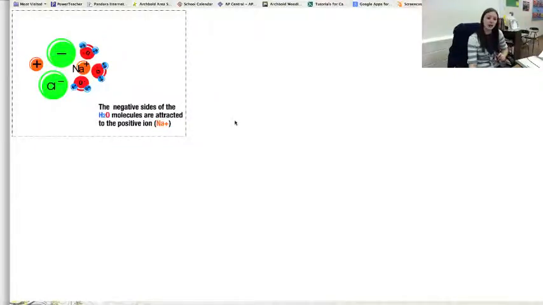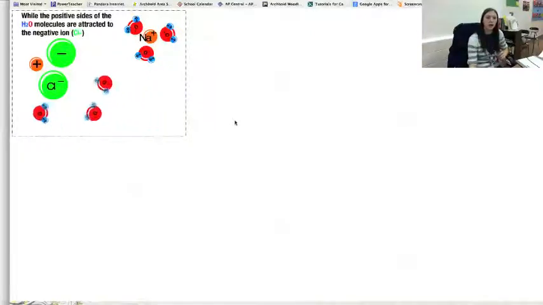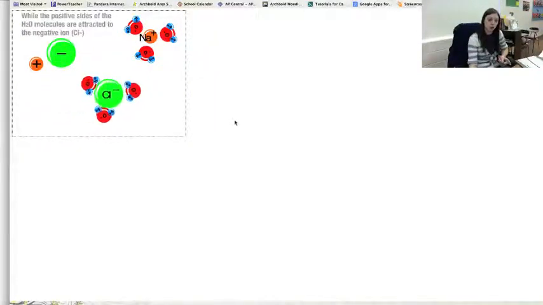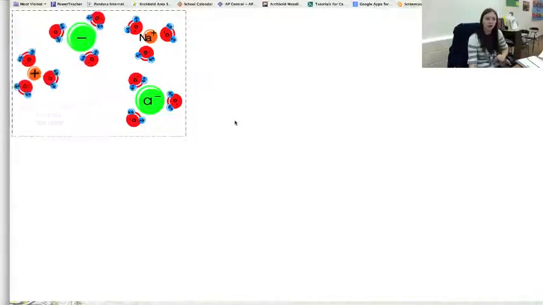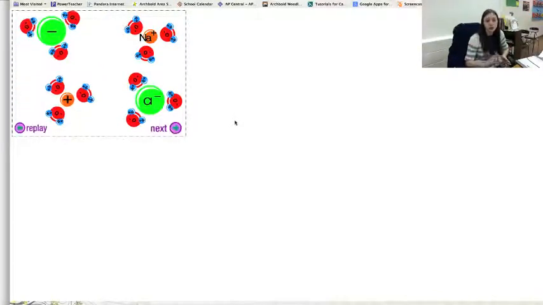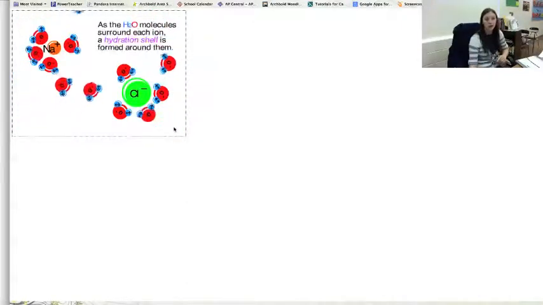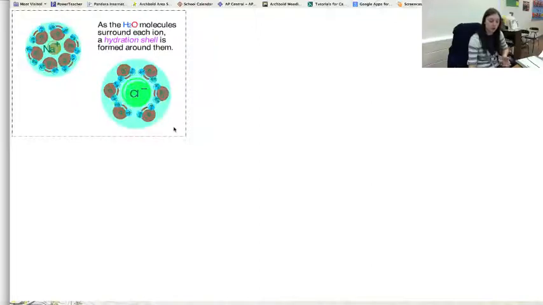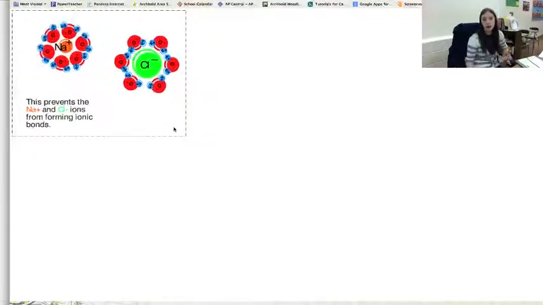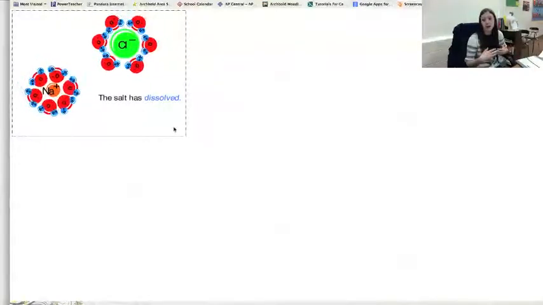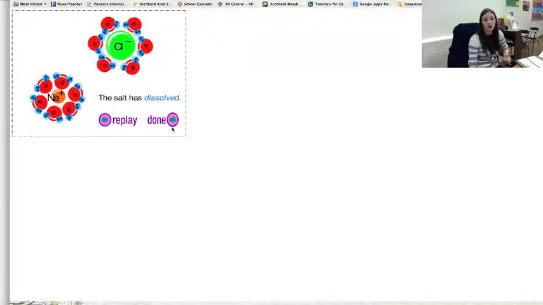The negative sides of your water are attracted to your positive Na. The positive sides of the water, which are the hydrogen, are attracted to your negative Cl. This causes the waters to surround each positive and each negative, and we call that a hydration shell, or just hydration, or solvation. It prevents the Na and the Cl from recombining into their ionic bond, and your salt then has what we call dissolved.